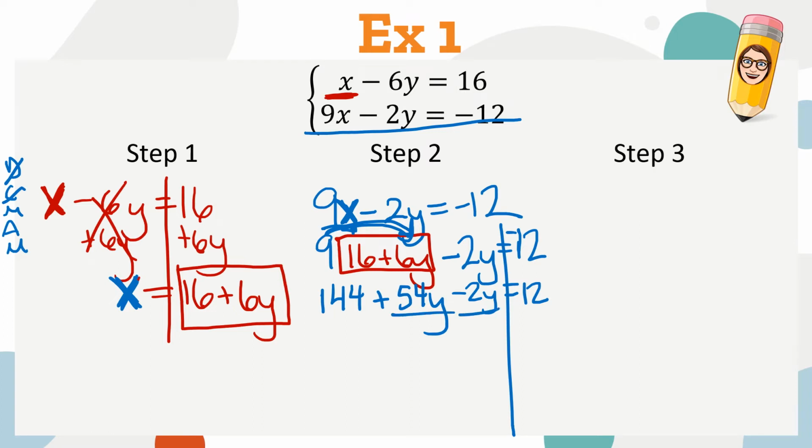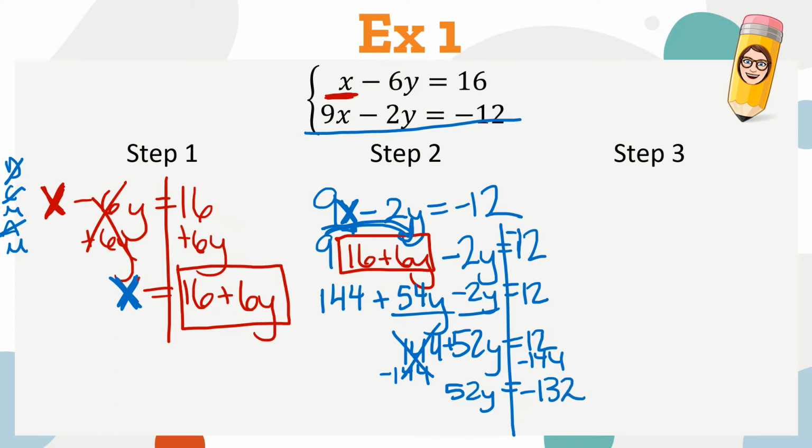I have y's that are together, so let's just keep them together. 54 minus 2 is 52y's. Again, if you need help with these steps, see my solving videos. Next, we're going to add or subtract, so I'm going to minus the 144. That seems like a big change, but bear with me. 52y falls down. 12 minus 144 is negative 132.